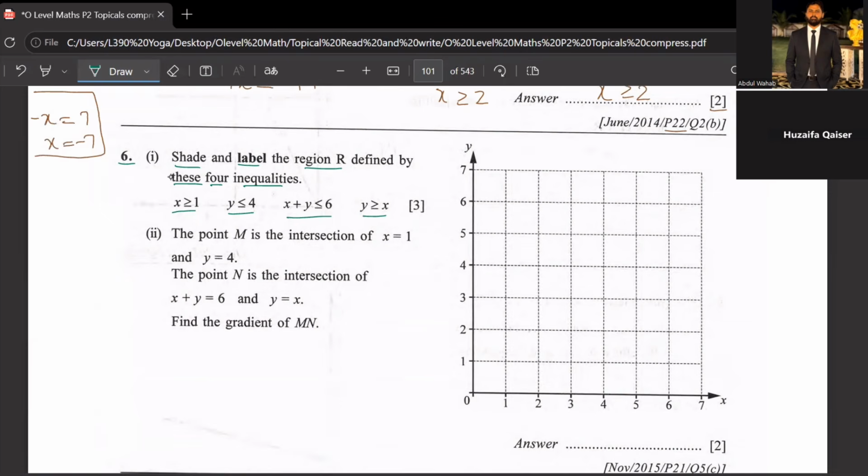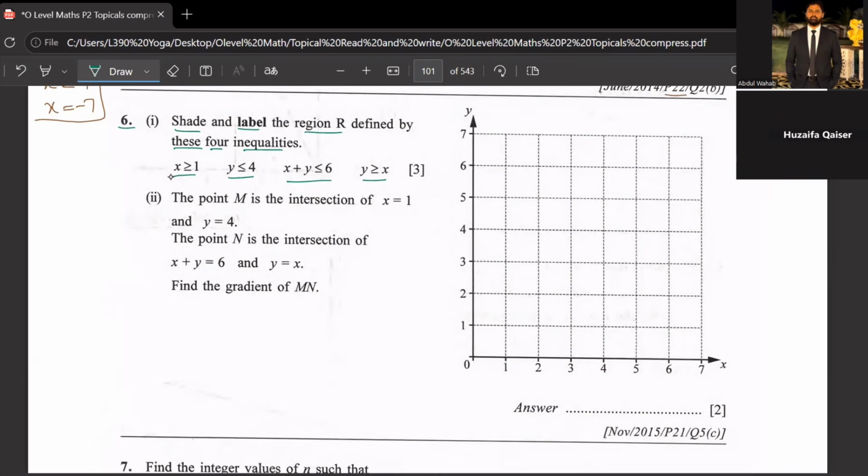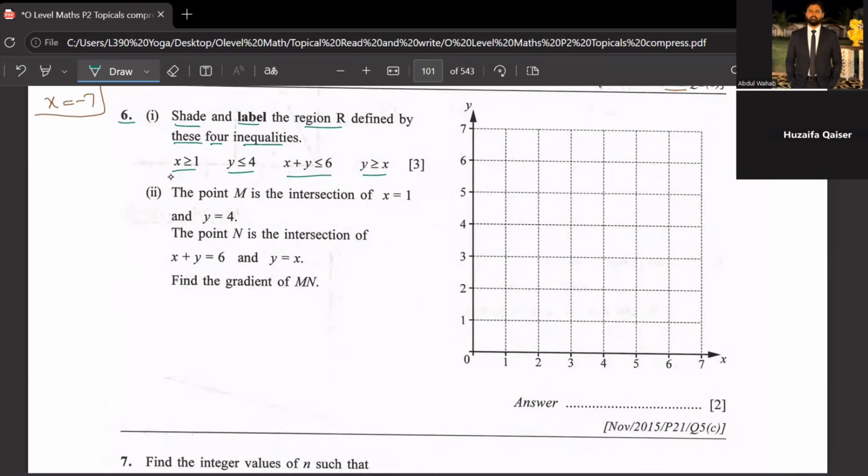Now, first you need to know the equation of these inequalities. Basically, these are the inequalities, and I just write the simple equations, so that I come to know what is the exact line I need to draw on the graph.